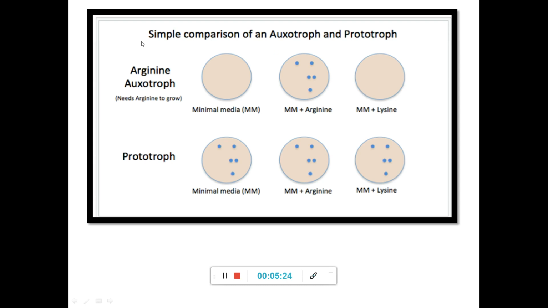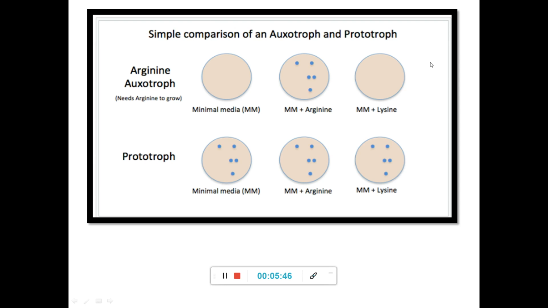So an auxotroph is something which has been mutated in its biosynthetic pathway, and hence it cannot grow in the absence of a preformed essential amino acid or a nucleotide. Since we are talking about growth here, we are talking about amino acid synthesis.